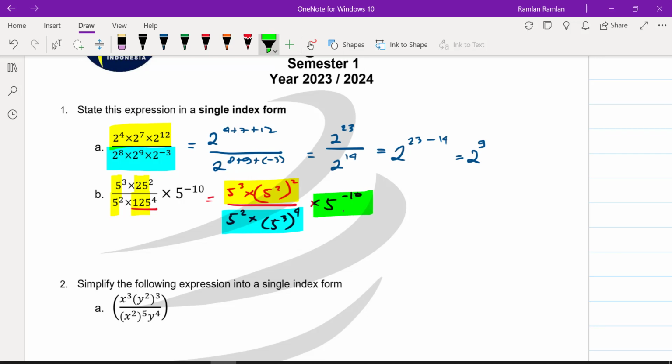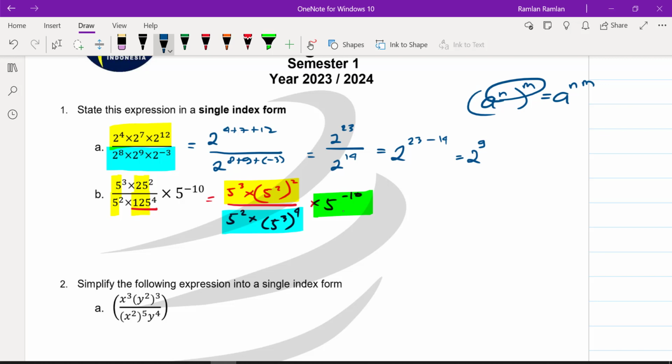We're going to do the one on the numerator first. That will be 5 to the power of 3, and then we have this here, but we still have a bracket. Now notice that in the law of index, if I have a to the power of n to the power of m, there'll be just a to the power of n multiplied by m. So if you have this, you just multiply the power. Just keep in mind that we need to have the same base.